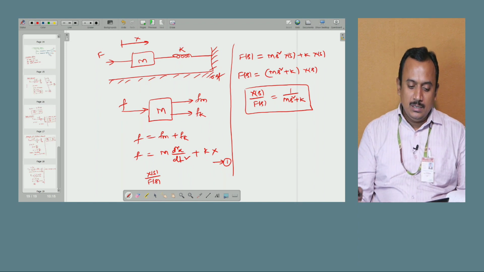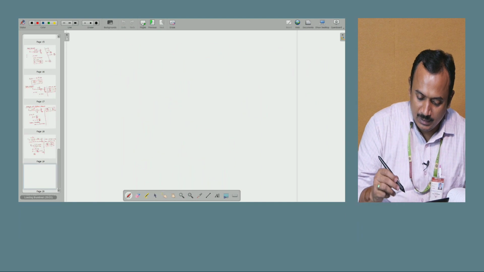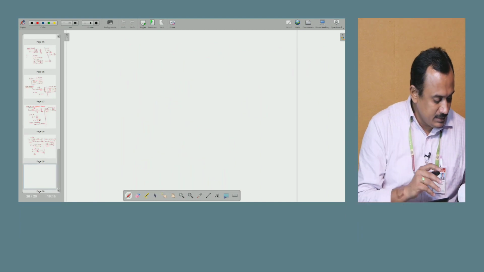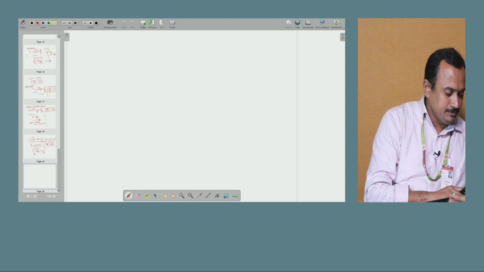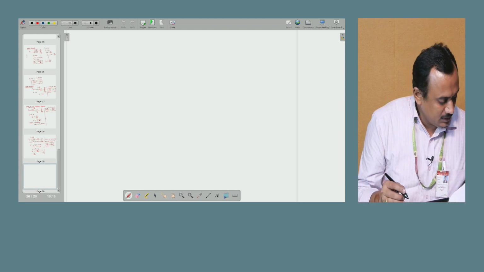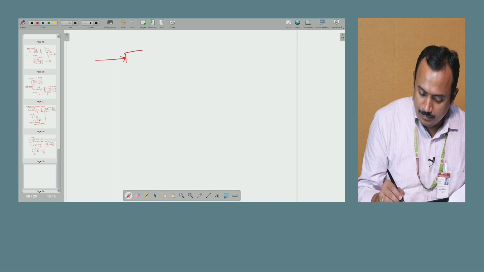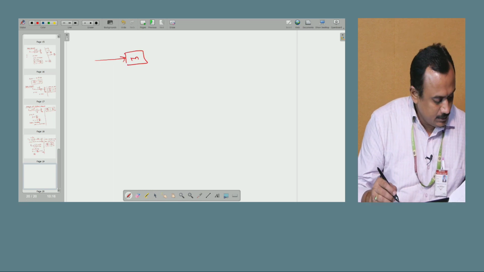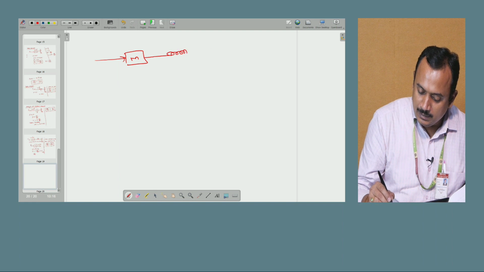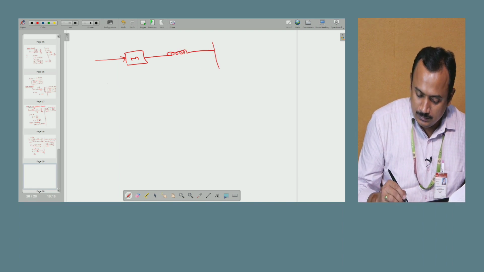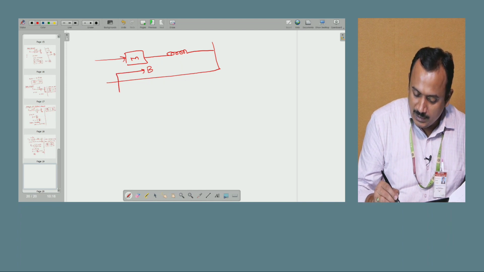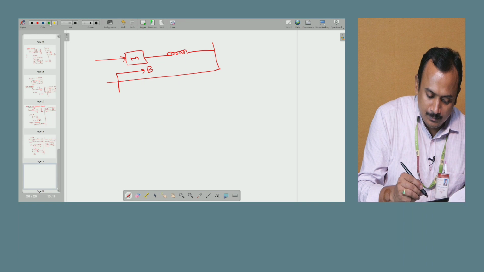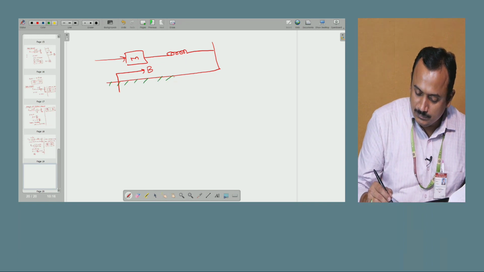Now let me consider one more example of a mechanical system, and that mechanical system is having all the three elements: mass, spring constant, and this is the reference anyhow, and we have the dashpot also, that is B. This is your reference.